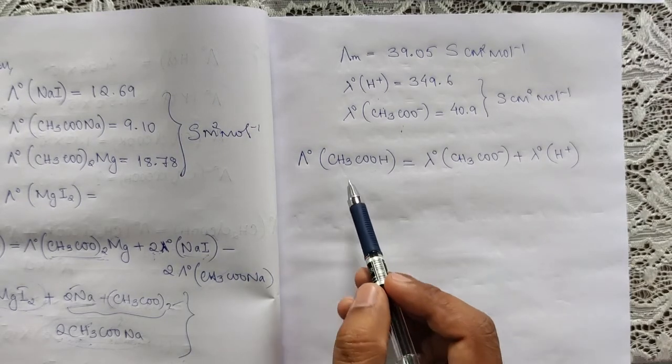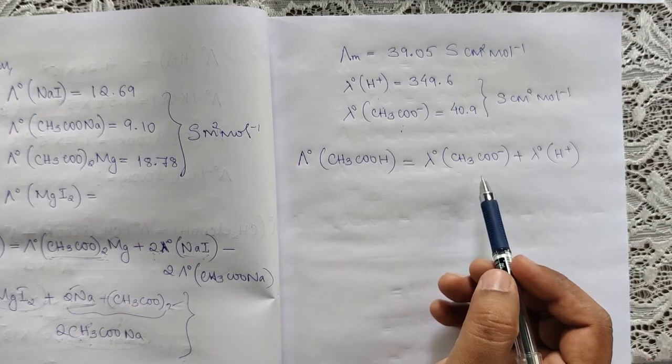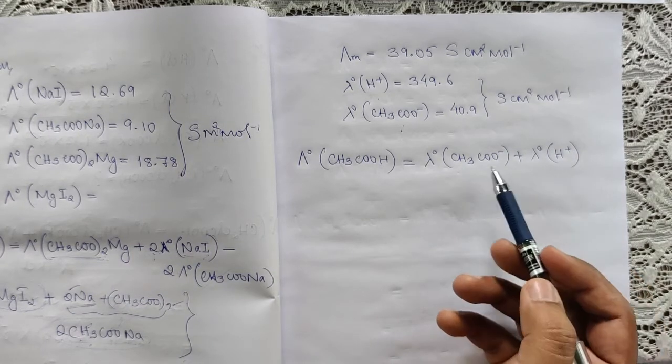So molar conductivity of any electrolyte is equal to the sum of the contribution of the ionic conductivity of both cation and anion.